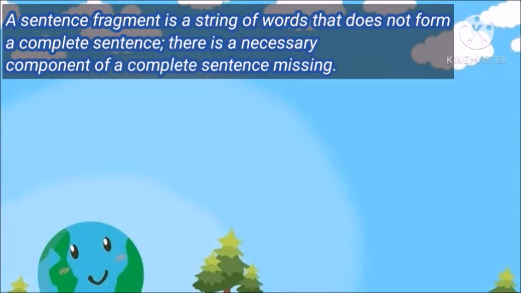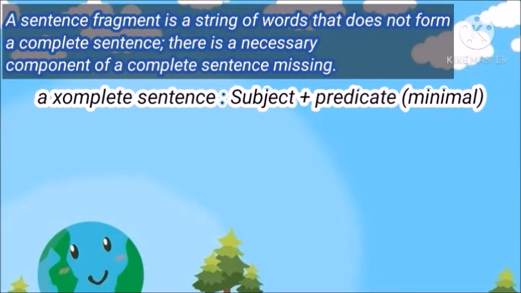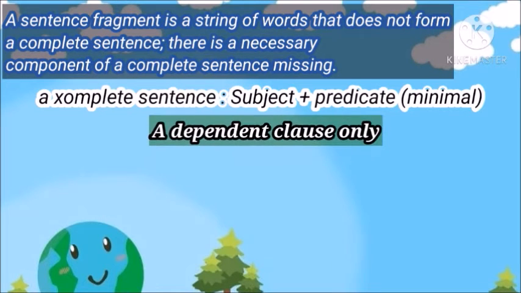A sentence fragment is a string of words that does not form a complete sentence. A necessary component of a complete sentence is missing. This missing component may be a subject, usually a noun, or a predicate, a verb or verb phrase, or the sentence does not express a complete idea.